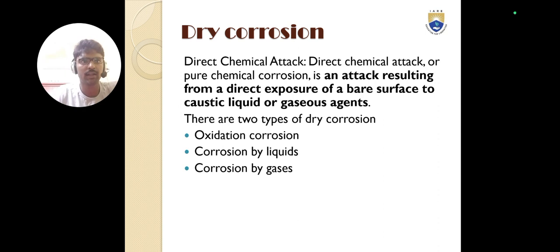Direct chemical attack or pure chemical corrosion is an attack resulting from a direct exposure of a bare surface to caustic liquid or gaseous agents. There are two types of dry corrosion: oxidation corrosion, and corrosion by liquids and gases.